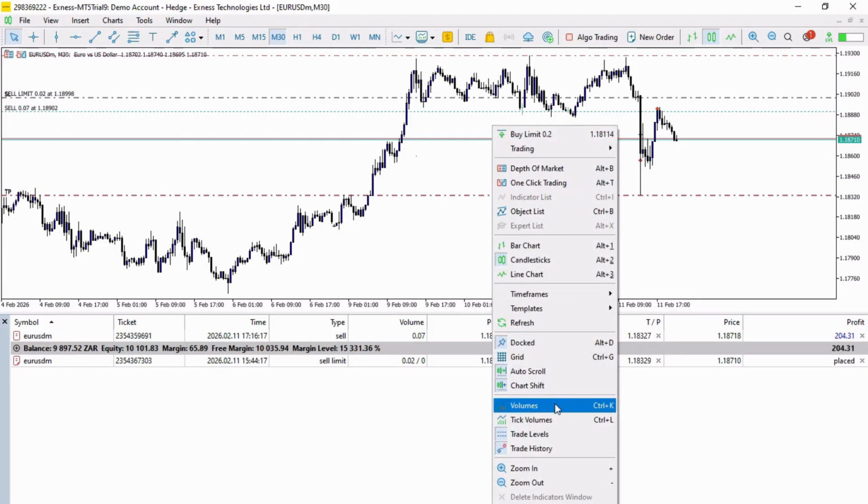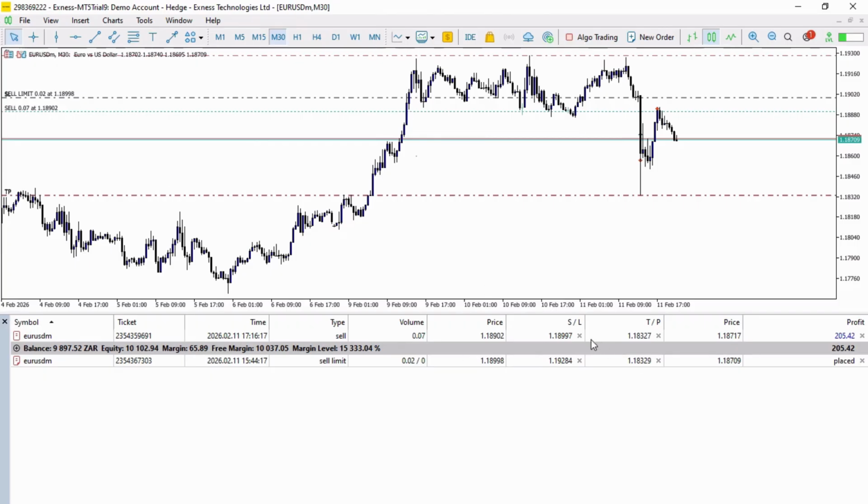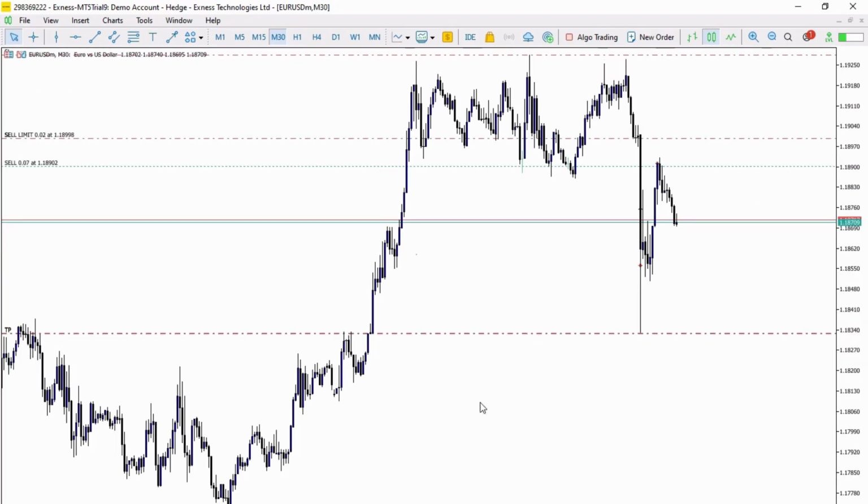Let me remove the order so we can see the profit that I will gain on this currently running trade. Trade history, orders. Let me just drag this to there.